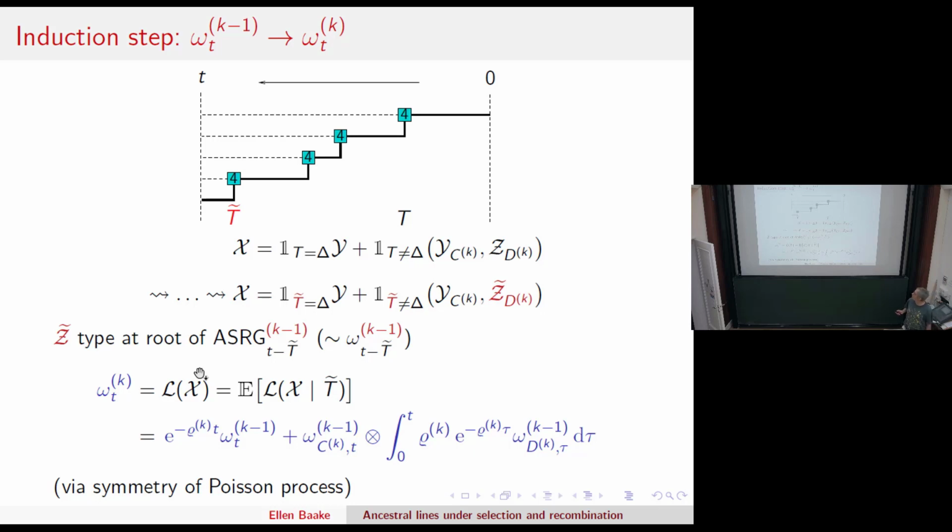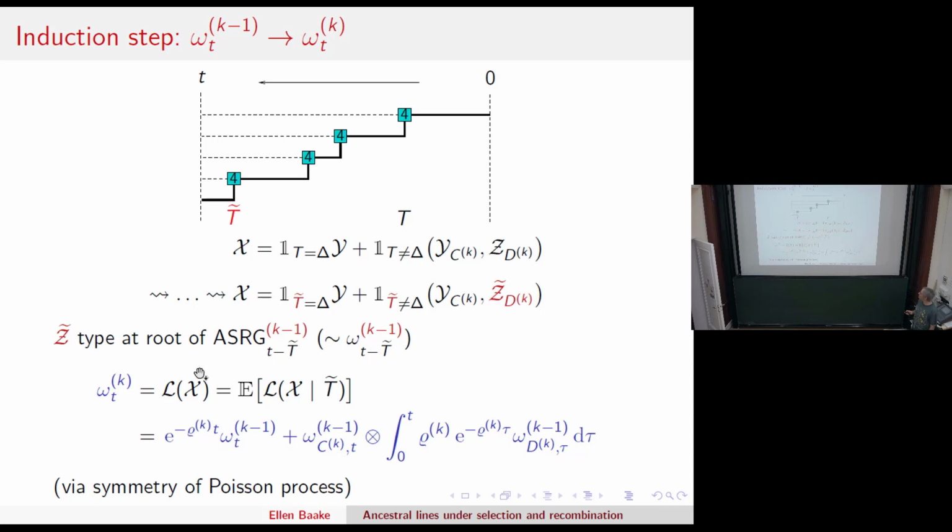You decompose according to the last time t tilde, and then, well, if no 4 square has happened, then the probability for that is of course e to the minus rho k t.